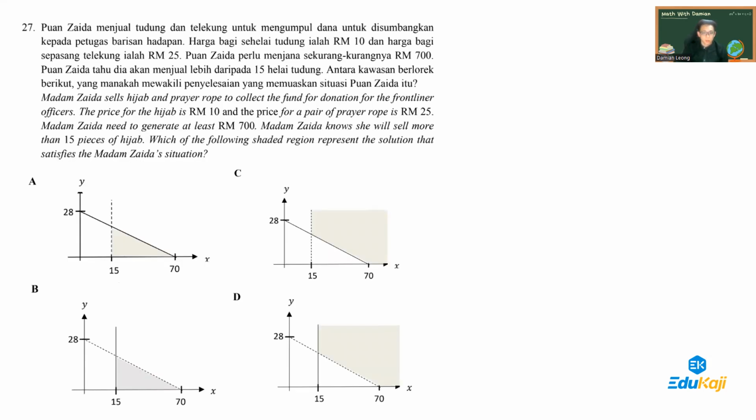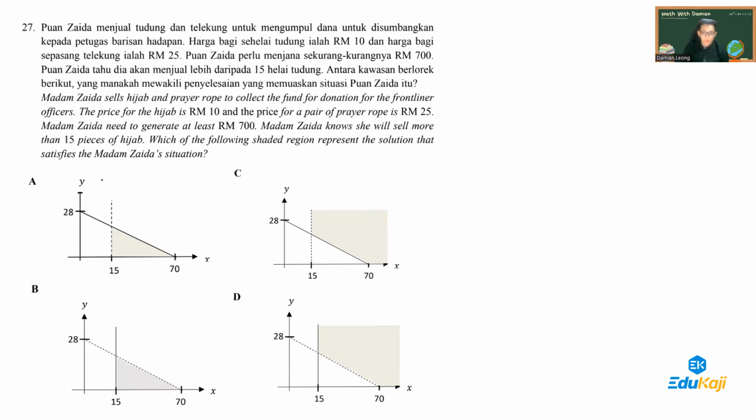This one. Madam Zaida sells hijab and prayer robes to collect funds for donations for frontliner officers. The price for the hijab is 10 ringgit. Price for a pair of prayer robes, 25 ringgit. Madam Zaida needs to generate at least 700 ringgit. She knows she will sell more than 15 pieces of hijab. Which of the following shaded regions represents the solution that satisfies Madam Zaida's situation?